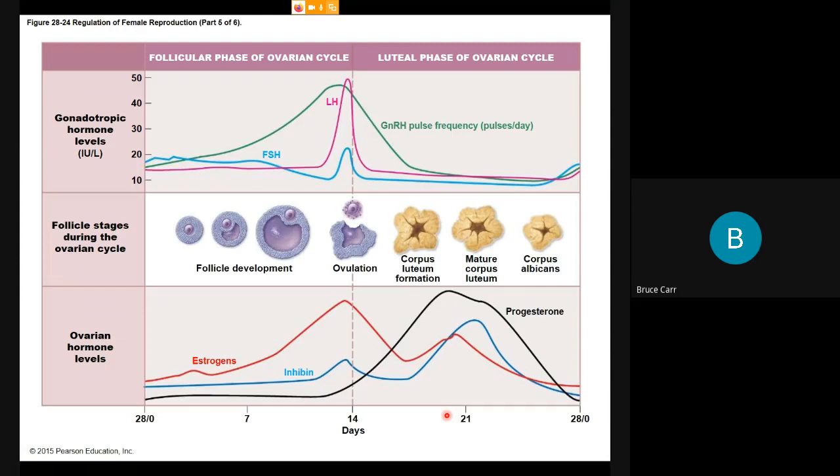We do see these kinds of diagrams often along a 0 to 28 day time scale, and they're very useful. Gonadotrophic hormone levels showing the increase and the particular peak of the green GnRH.